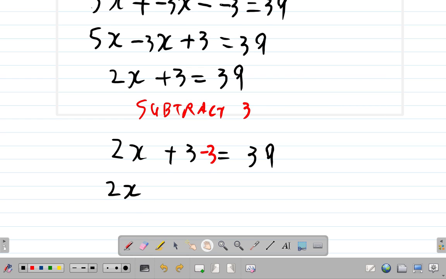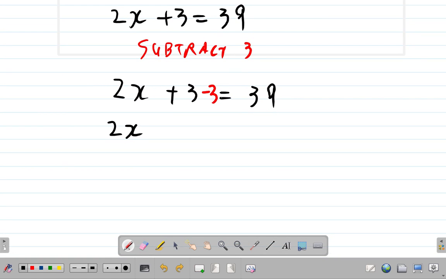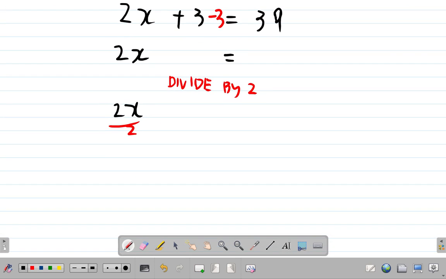So it's 2x. We're not touching the right hand side as yet. Is equal to something. Then here we have 2 times x. We're going to divide by 2. So we have 2x and we divide by 2. 2 will cancel 2 and you have x alone equals.